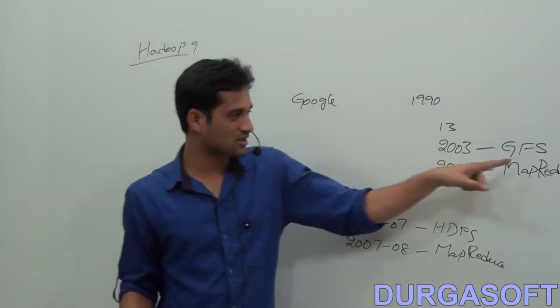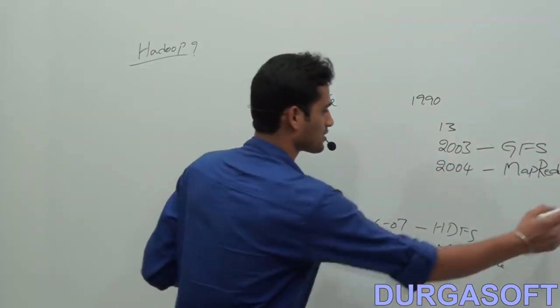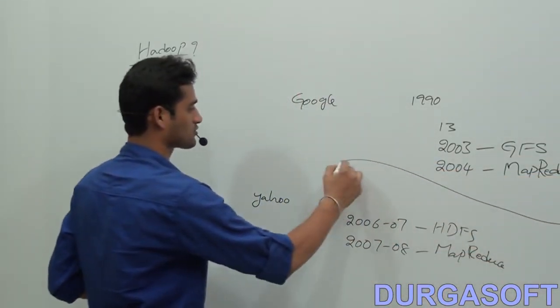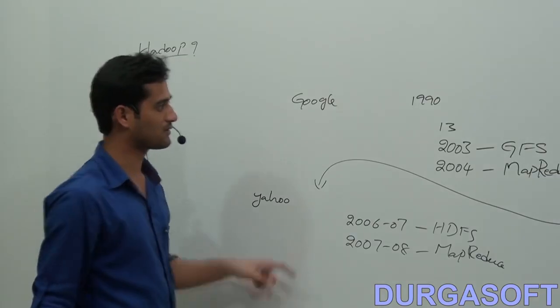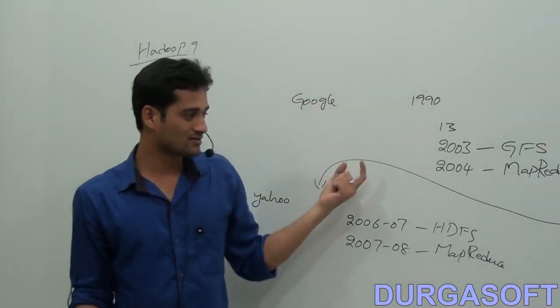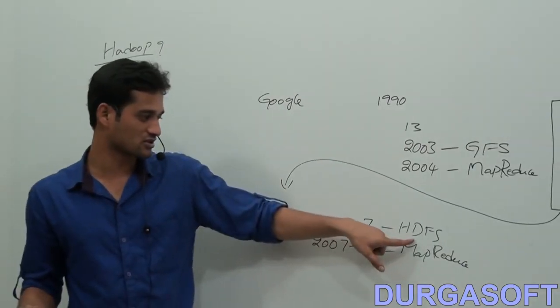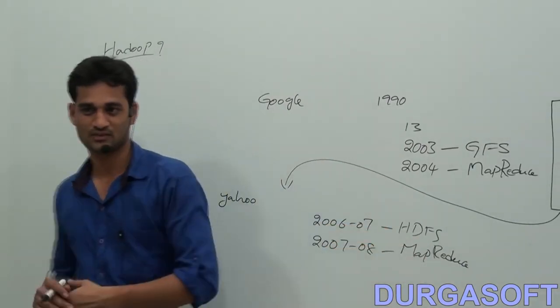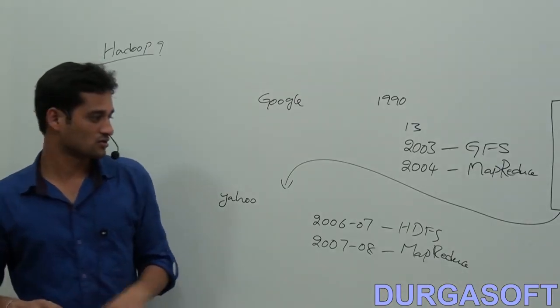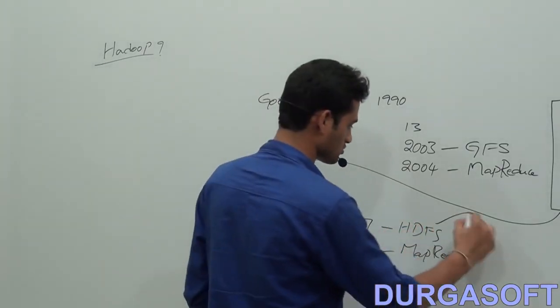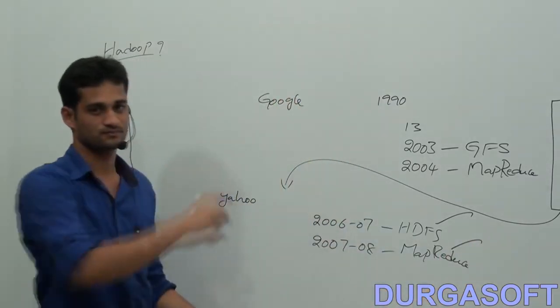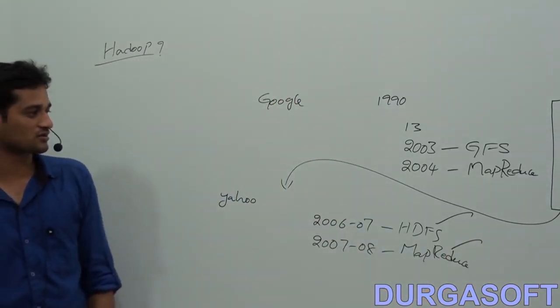They took the white paper which was given by Google, and they started implementing GFS and MapReduce, and finally they gave one conclusion as HDFS and MapReduce. So these are the two core concepts in Hadoop.